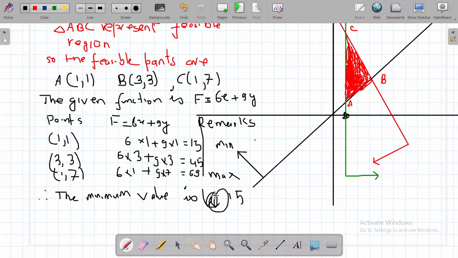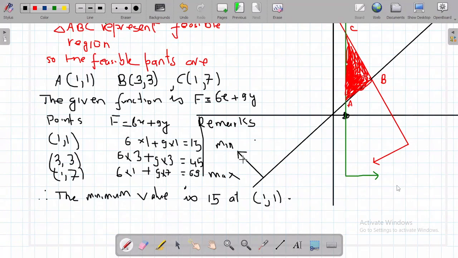The minimum value is 15 at (1, 1). This is the final answer.